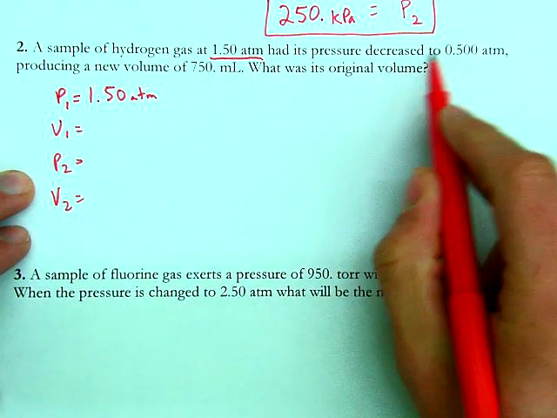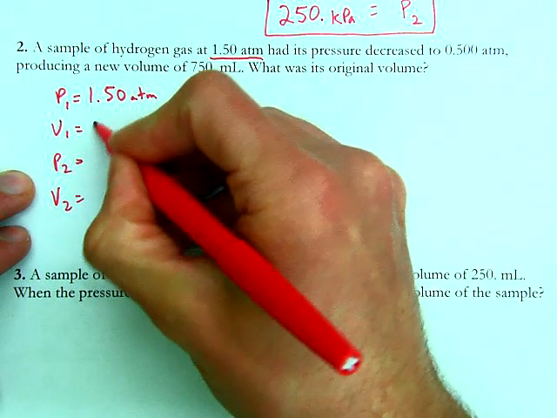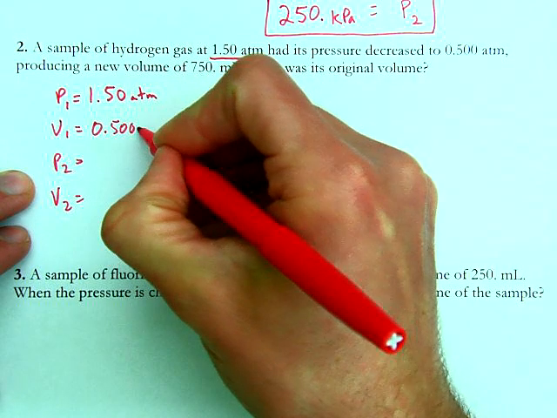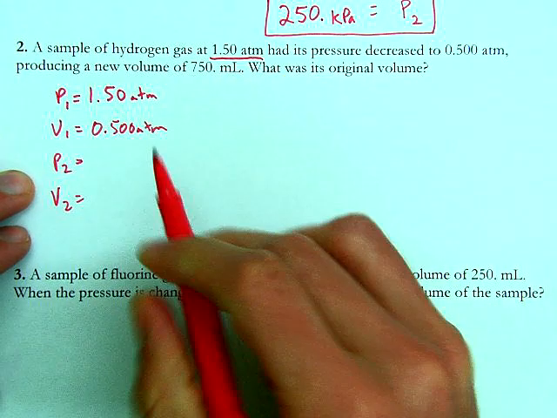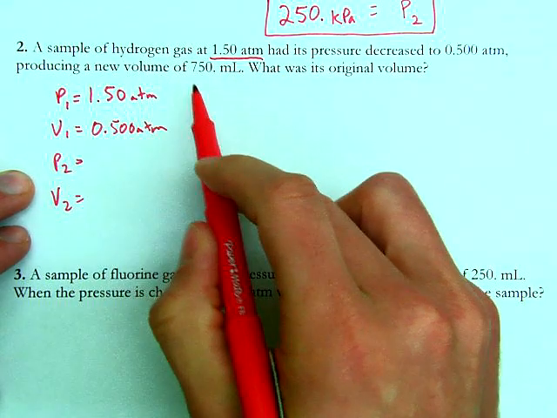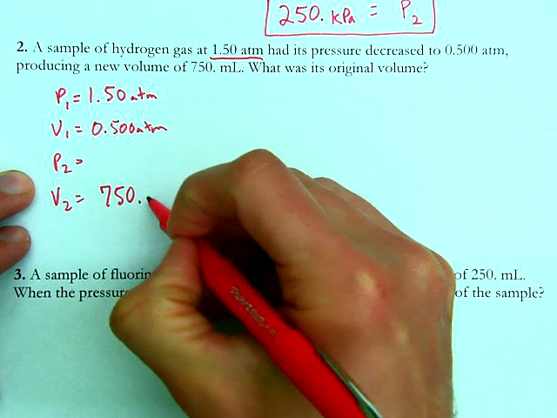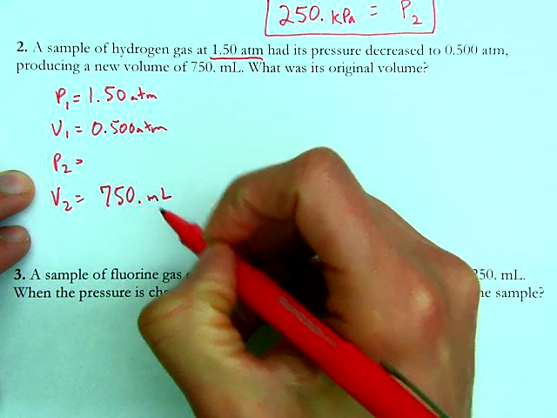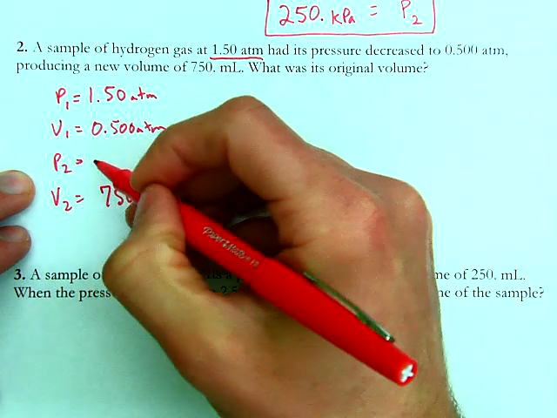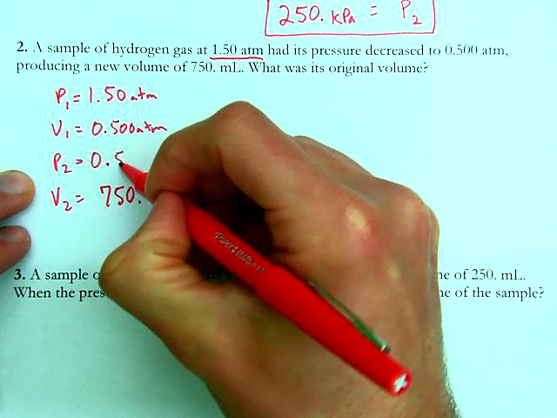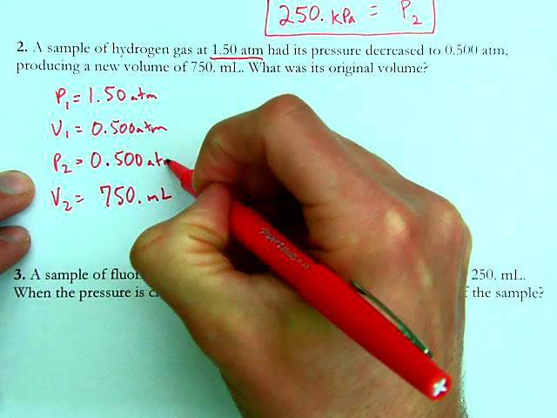It says the pressure decreases to 0.5 atm, producing a new volume of, so we know the new volume is 750 milliliters. Oops, I wrote this in the wrong place, I'm sorry. 0.500 atm, that's our pressure.